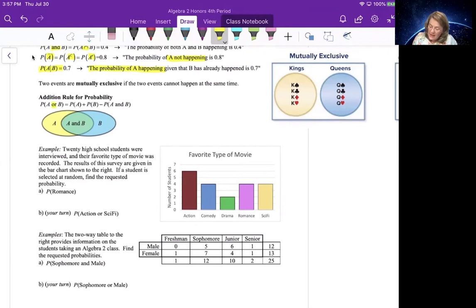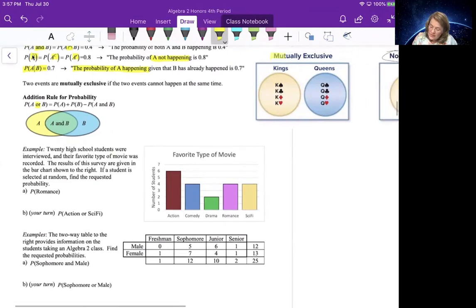If I have a mutually exclusive situation where I want to know the probability of A or B, all it is is the probability of A plus the probability of B. I just add the two probabilities that those two events will happen.